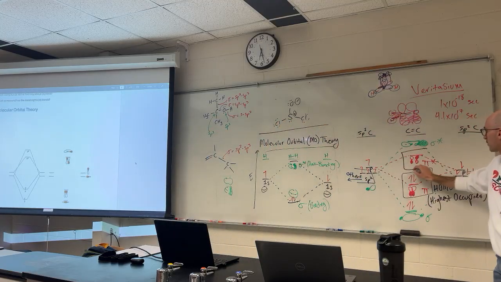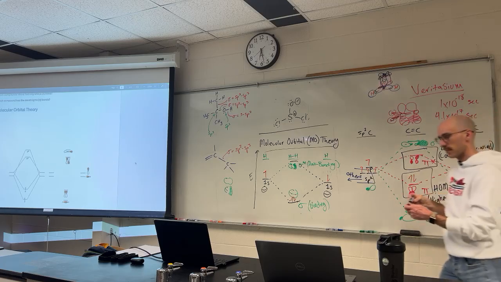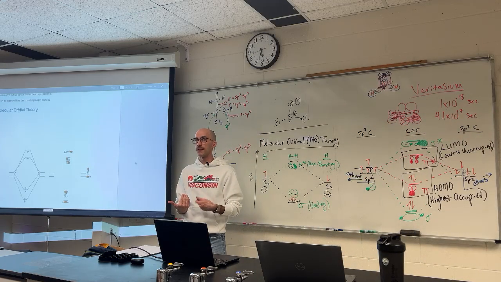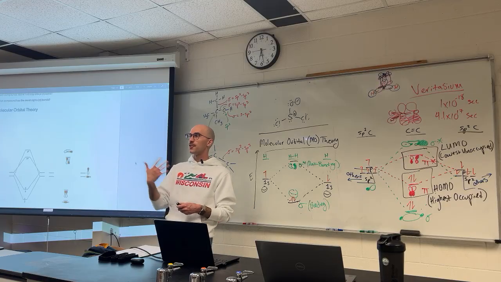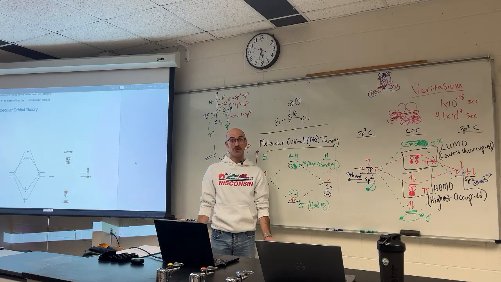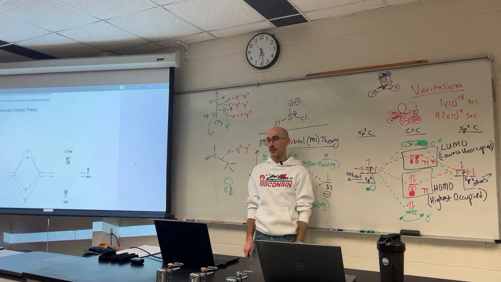This pi star is the LUMO. That's the lowest unoccupied orbital. If new electrons are going to come into the system, if another chemical species donates electrons to the system, Aufbau's principle says they go to the lowest energy available. That's pi star.